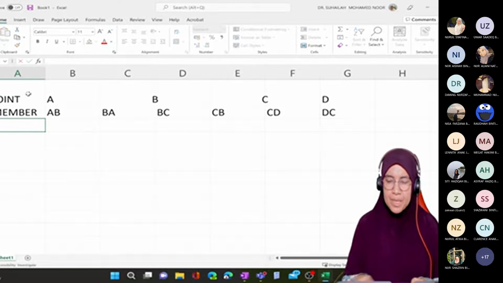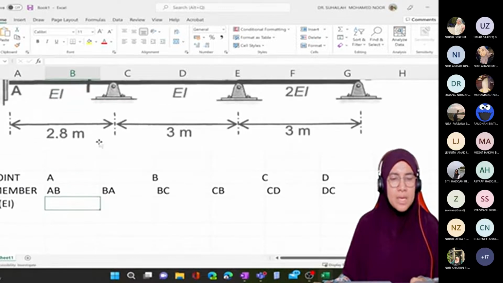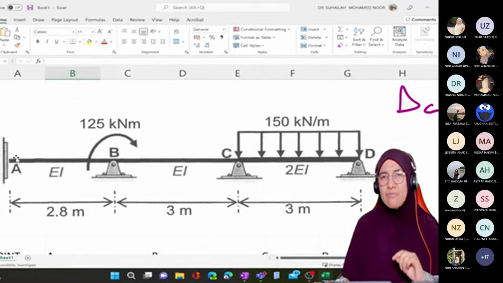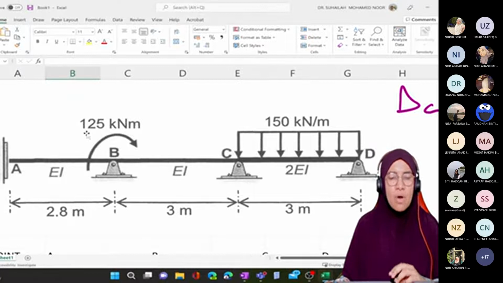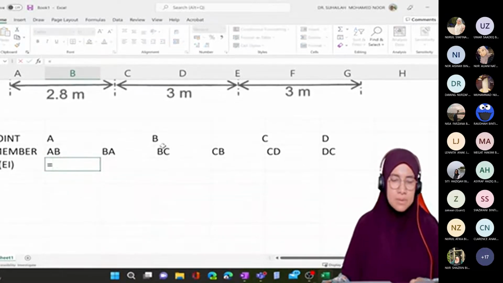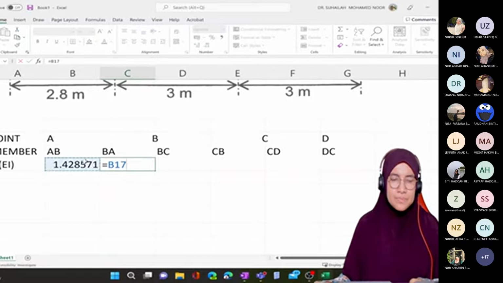So K is the member stiffness in terms of EI, so that I can put all the values here. For AB, we use 4EI over L because far N is fixed. It is 4 divided by 2.8. BA is the same.